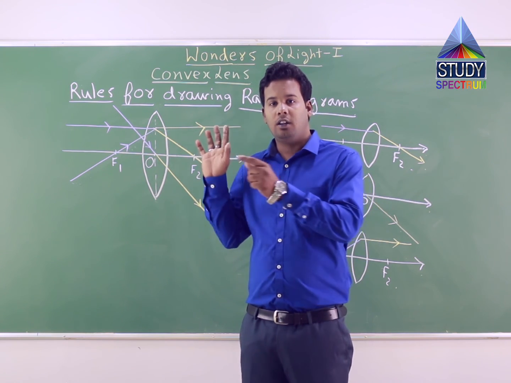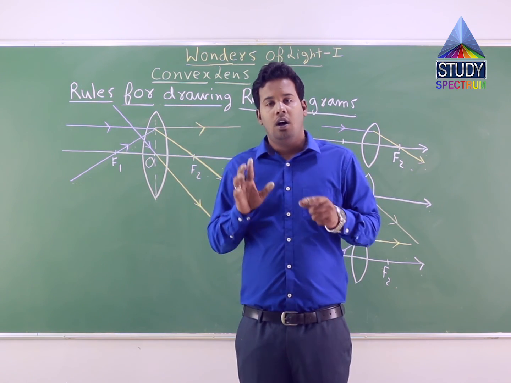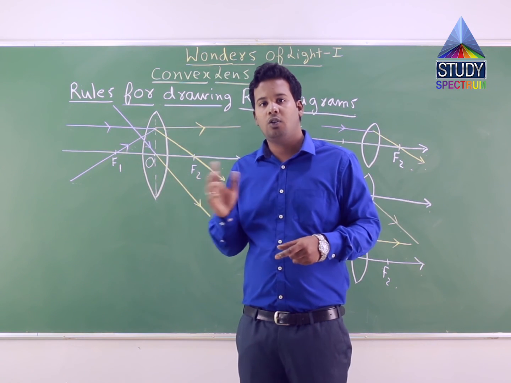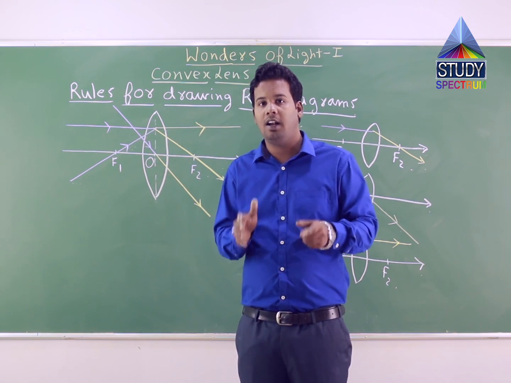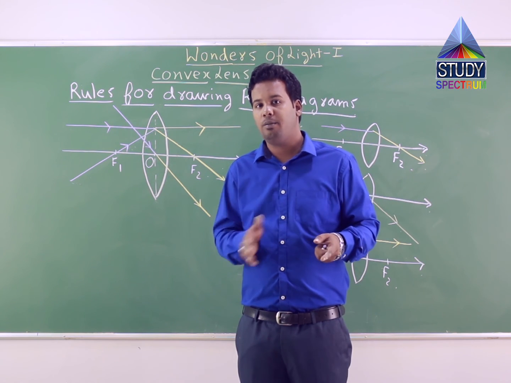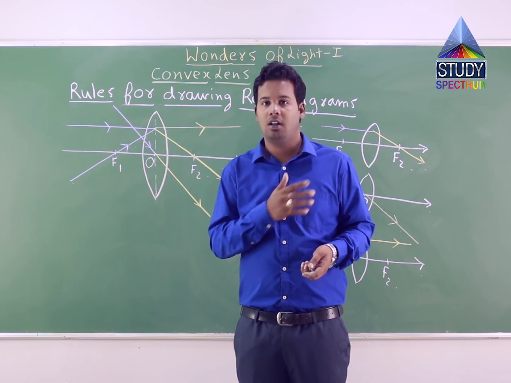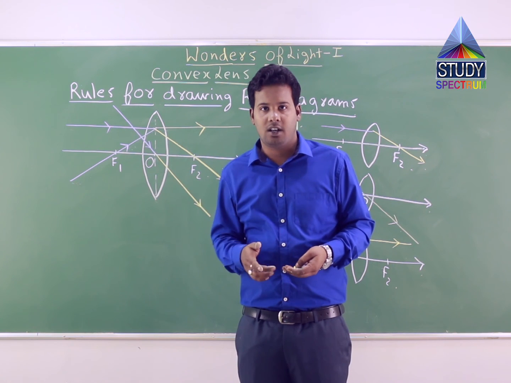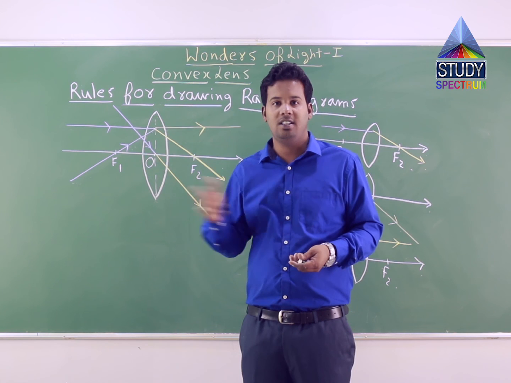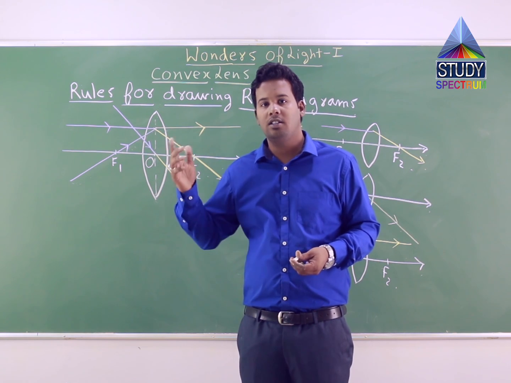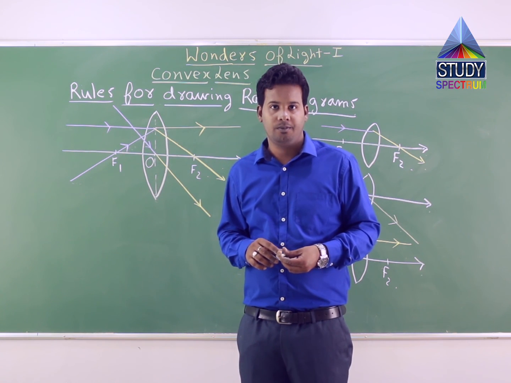I repeat, that value is for theoretical question r is equal to 10 and f is equal to 5, where the data has not been given, but still it asks for nature of image, size of image, position, real, virtual, etc. And by assuming r is equal to 10 and f is equal to 5, you can calculate easily those results and write the answers in a very quick session of time.